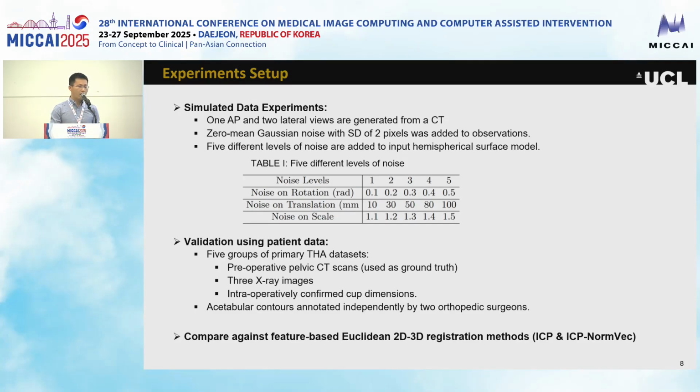In real clinical practice, we collect 5 groups of datasets, each including a CT scan, 3 view X-ray images, and the intraoperatively confirmed cup dimensions. The contour observations are annotated by 2 orthopedic surgeons independently to ensure reliability.